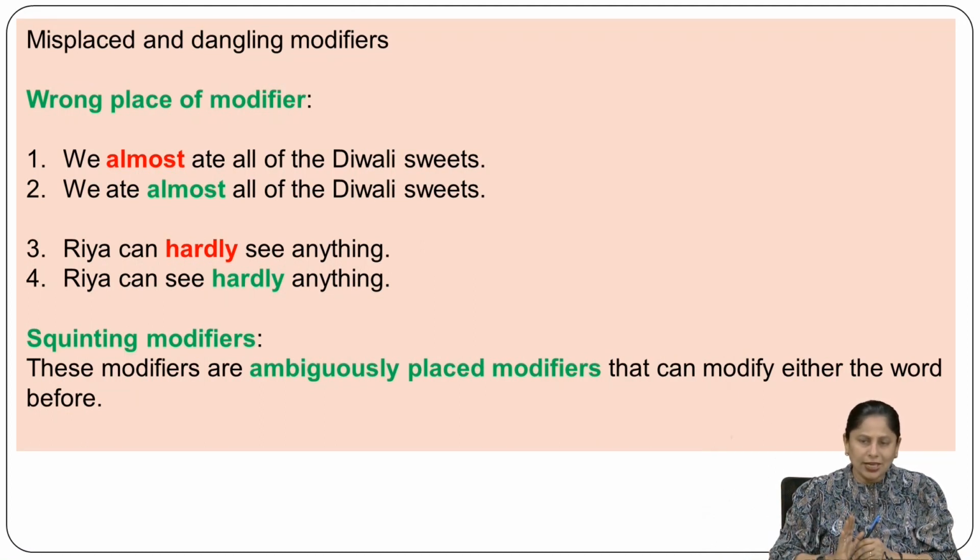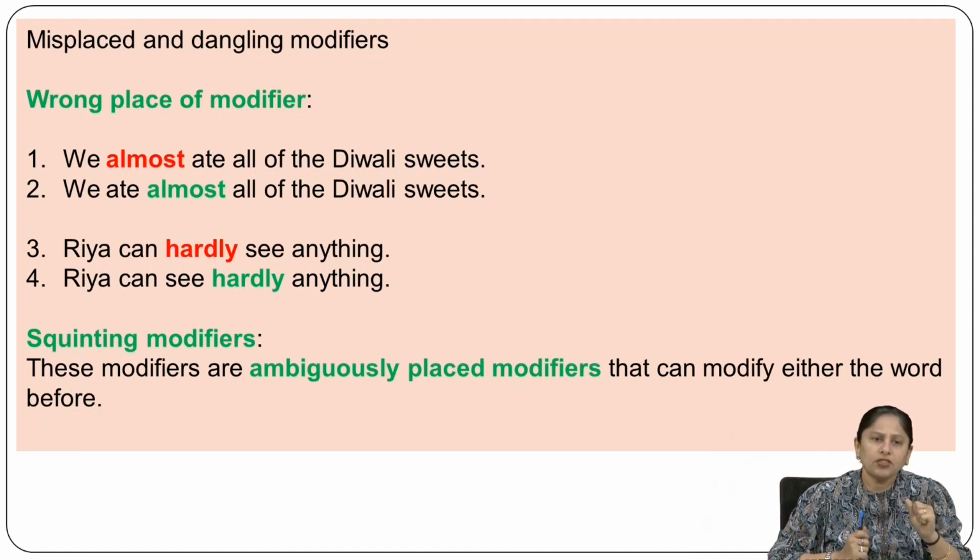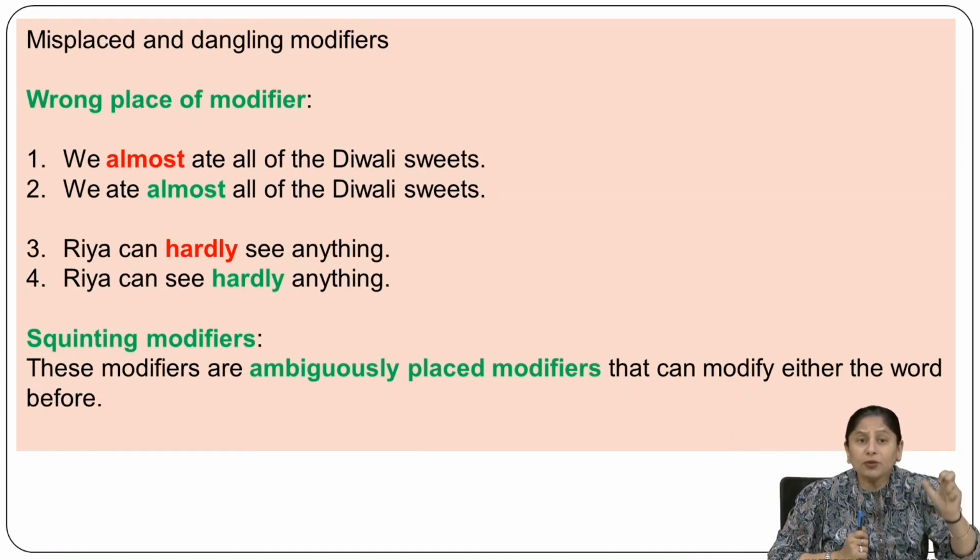That's the true sentence. And that is why there is a mention at the beginning of the topic of misplaced and dangling modifiers. Look, misplaced means the verb either comes before the modifier or sometimes it comes after the modifier, but the modifier is not kept in the proper place. The modifier comes in the wrong position.